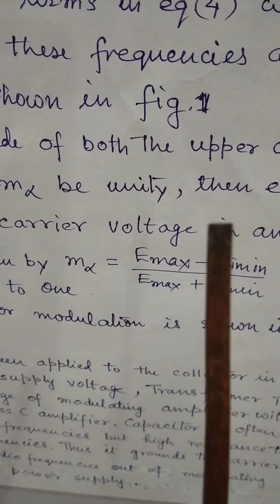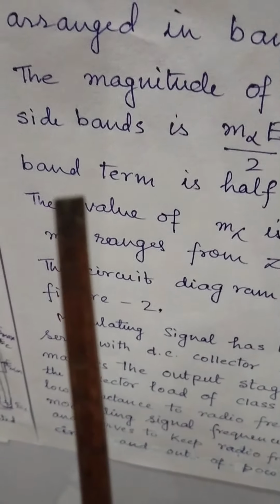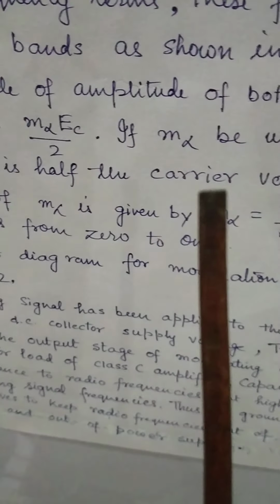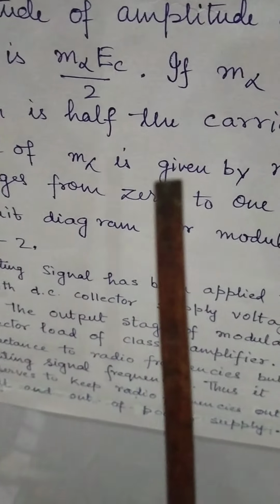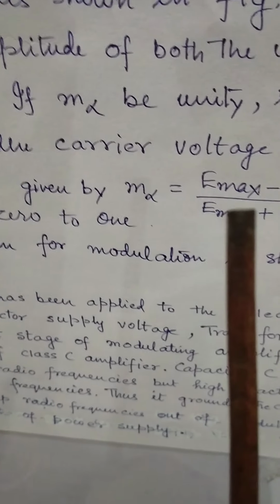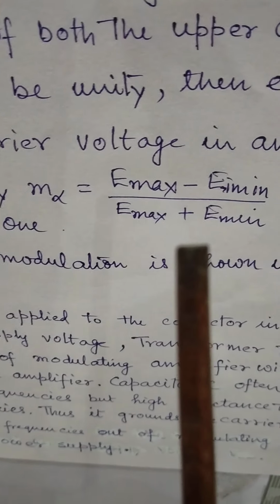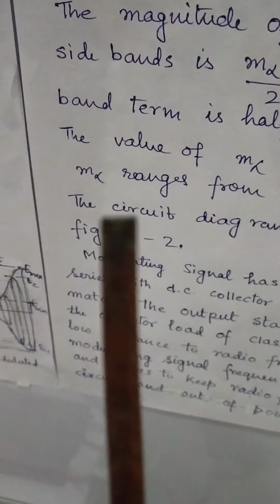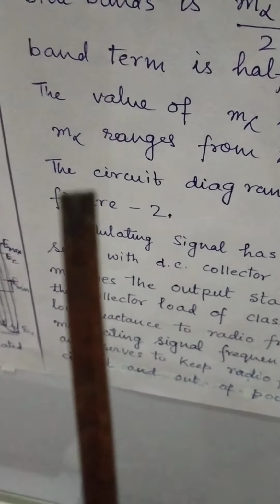If m_α is unity, then each side band term is half the carrier voltage, because the amplitude of both waves is m_α E_c / 2. The value of m_α is given by m_α = (E_max − E_min) / (E_max + E_min). Now, m_α ranges from 0 to 1.